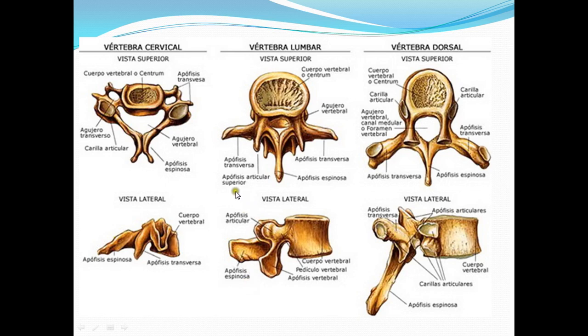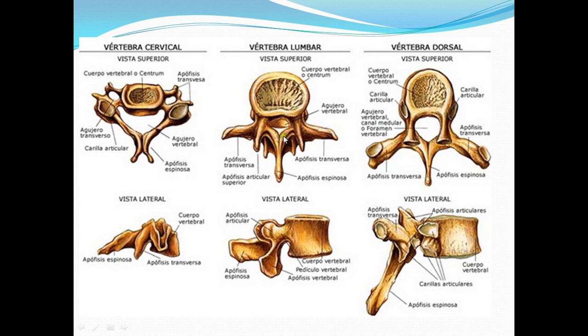This slide shows the different vertebral bodies: the cervical region, lumbar, and thoracic, dorsal and thoracic being the same. I have discussed the cervical and thoracic in detail, but this one is the lumbar. The main difference of the cervical is that it has a foramen for the vertebral artery, called the foramina transversarum or vertebral artery foramen.